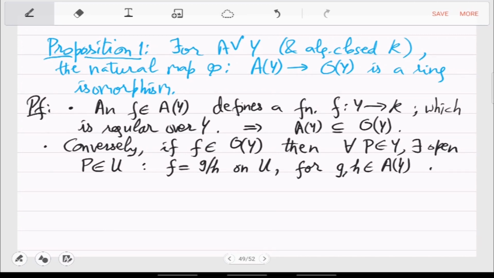This is the meaning of f, an element in OY. It's a regular function. Any point you pick, there is an open neighborhood where it is basically a fraction of two polynomials.